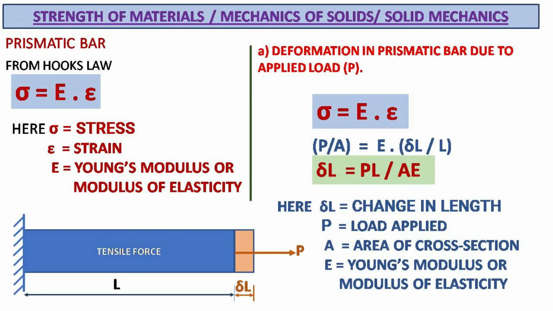Now sigma equals load, P, divided by cross-sectional area, A. And strain equals change in length, delta L, divided by original length, L. Substituting these terms in the equation of Hooke's law, we get, P by A equals E times delta L divided by L. This further gives deformation, delta L equals P times L by A times E. Where delta L equals change in length, P equals load applied, A equals area of cross-section, and E equals Young's modulus or modulus of elasticity.